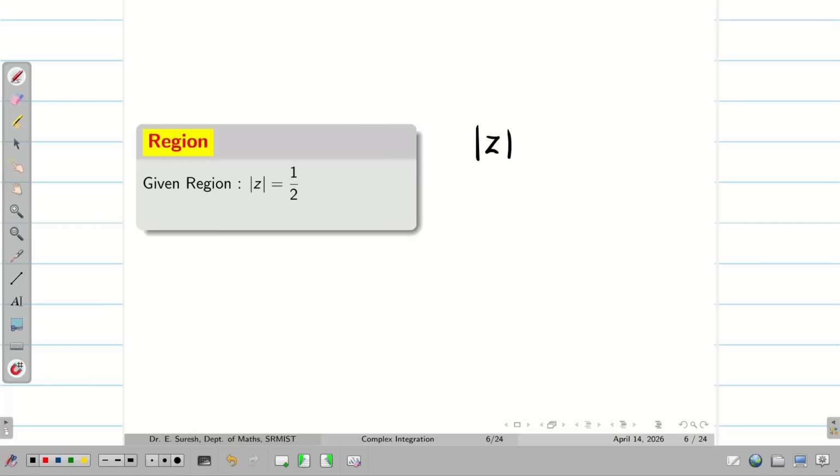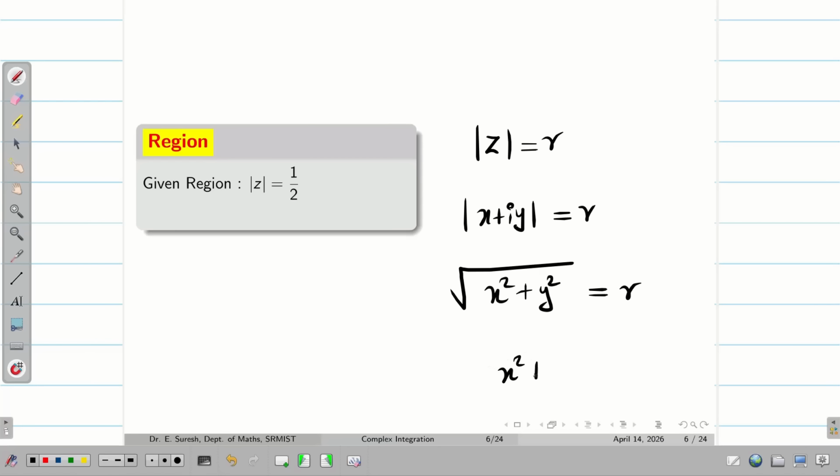Let us see mod z is equal to r. We know that z is x plus iy. Also we know that the modulus of x plus iy is square root of x square plus y square is equal to r. Therefore, x square plus y square is equal to r square. Here the general formula for a circle is x minus a whole square plus y minus b whole square is equal to r square.